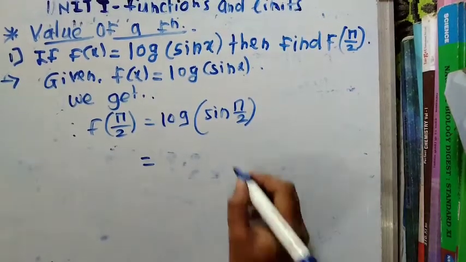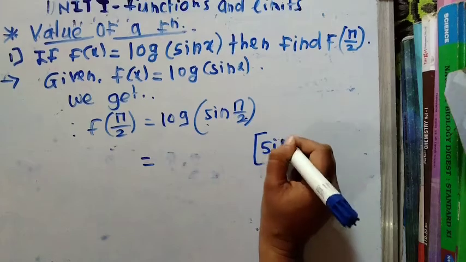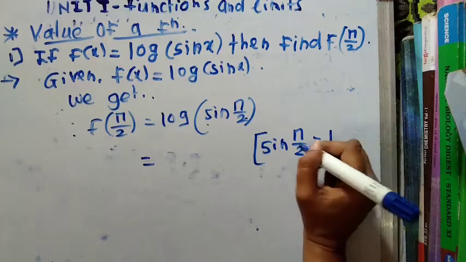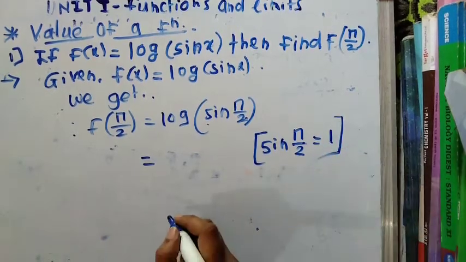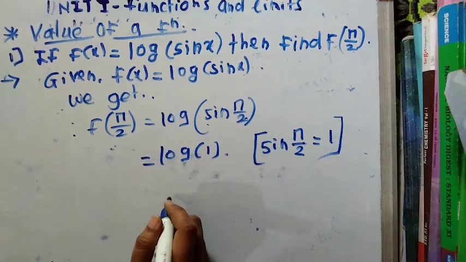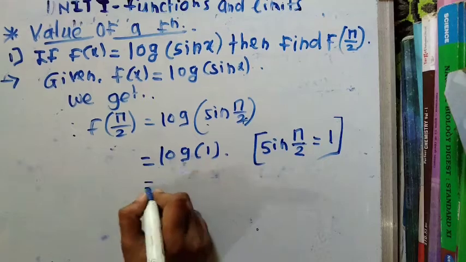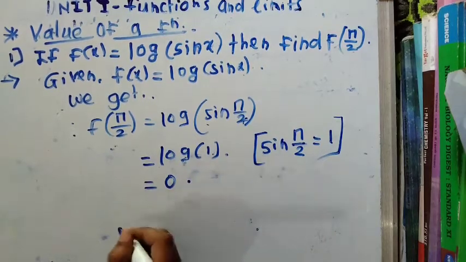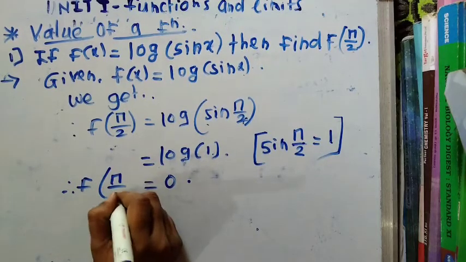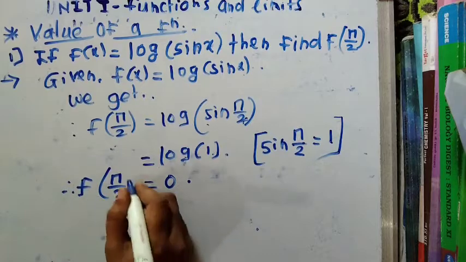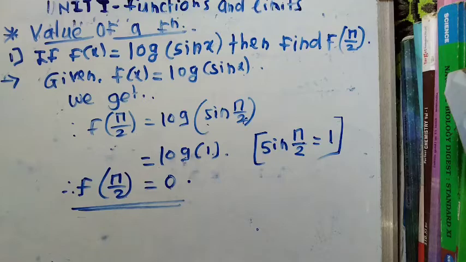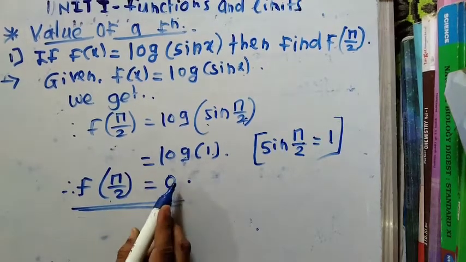But the value of sine pi by 2 is sine 90 degrees, which is equal to 1. So log of 1, and log 1 is equal to 0. So f of pi by 2 is equal to 0, which is the value of the function.